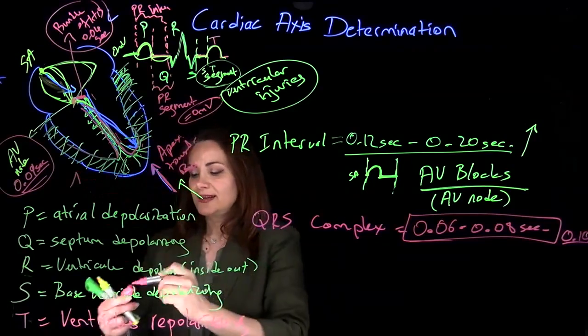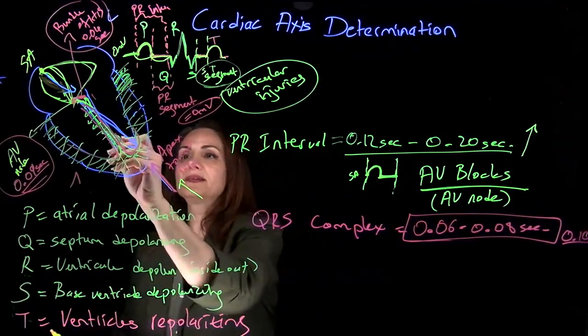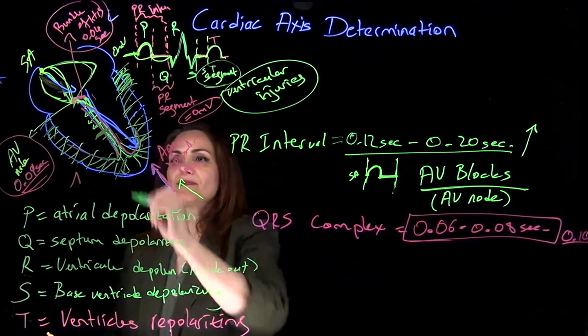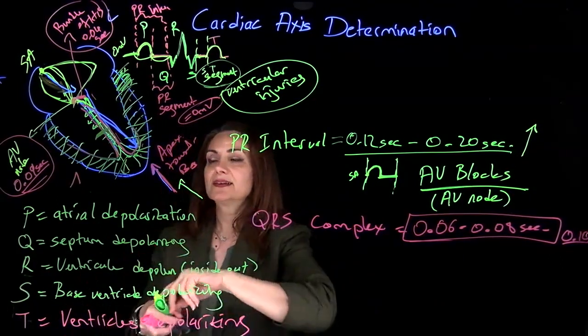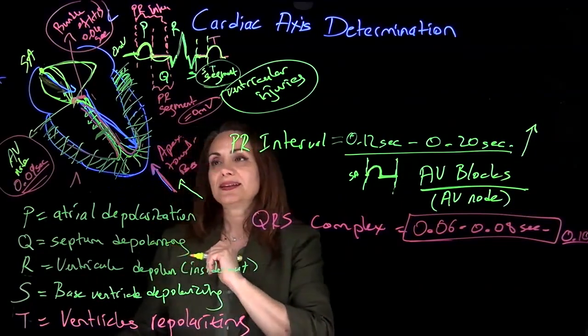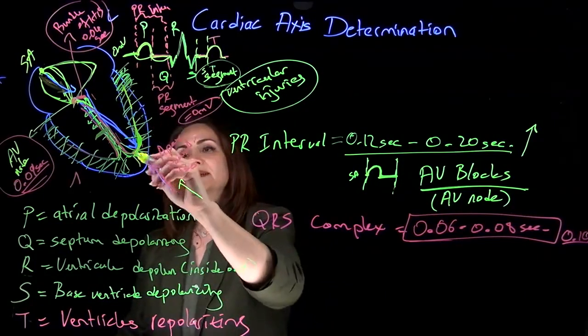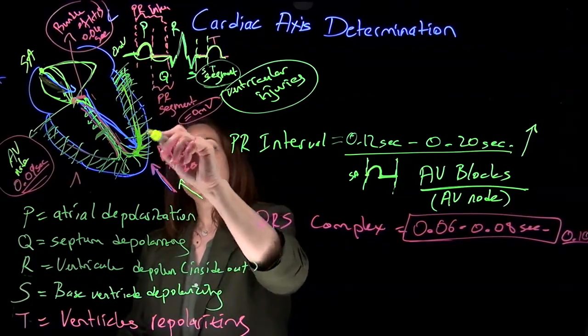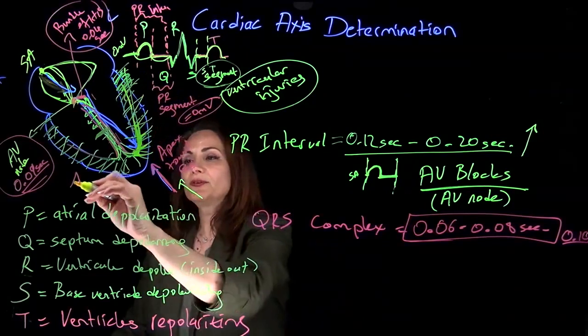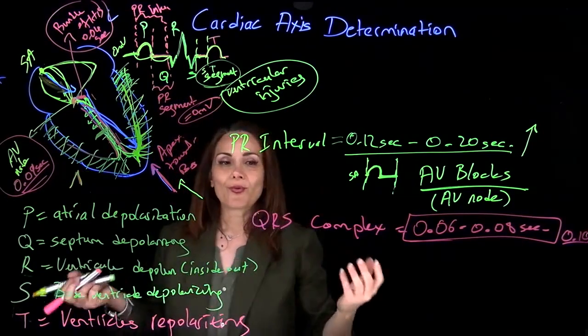And let's say in this case that our right bundle was blocked. So the right ventricle will not be depolarized on time, but the left ventricle will depolarize right on time. And as the left ventricle depolarizes, we will record this R. So what does that mean?